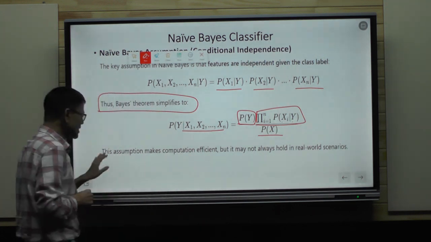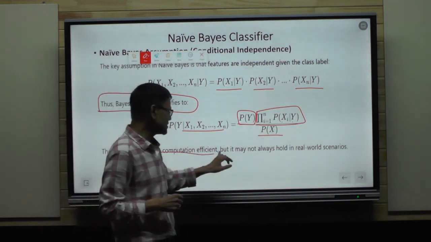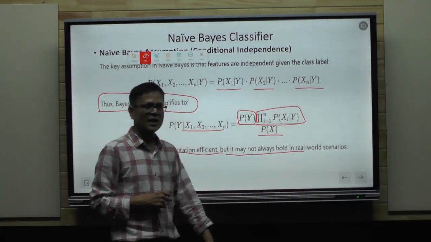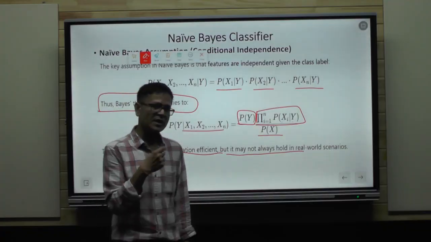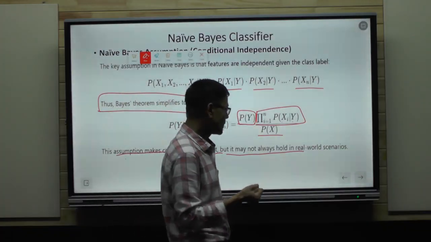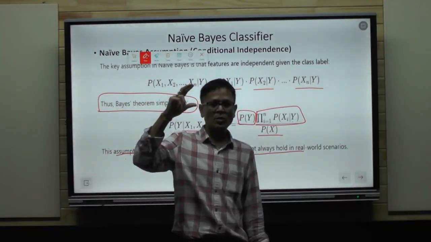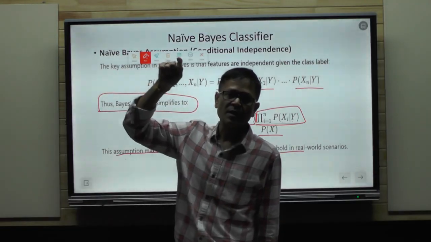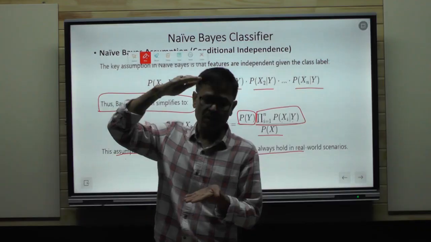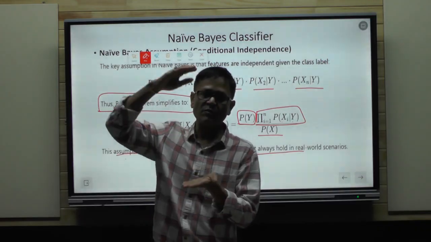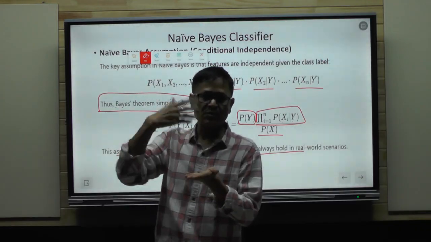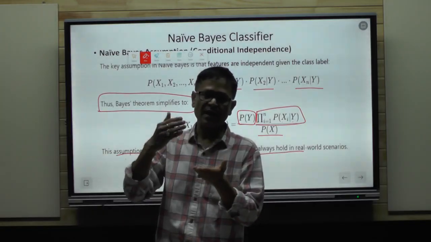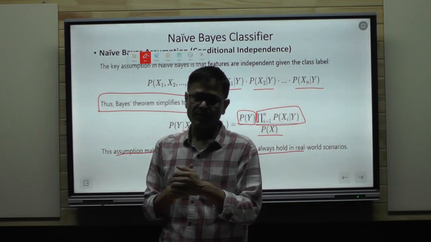Okay. So this assumption makes the computation efficient, but it may not always hold in real world scenarios, because there is some kind of linkage between feature 1 and feature 2. If your height is more, your body weight will likely be on the higher side, because the length of the bones is high, so obviously the mass will be high, and that means weight can be high.